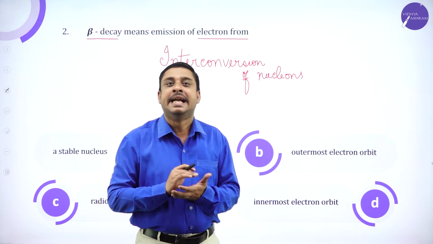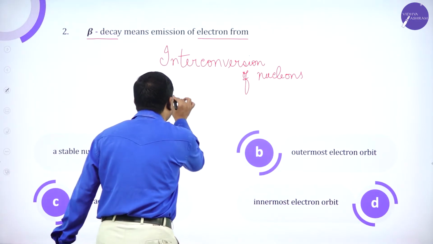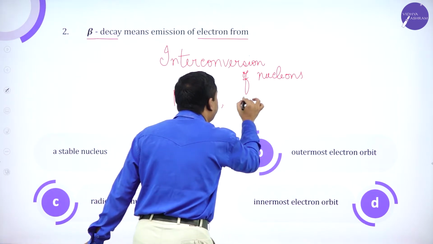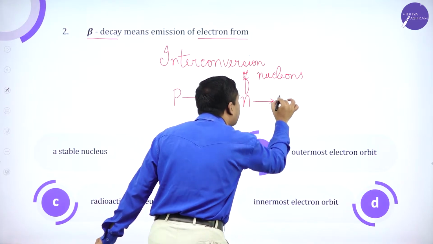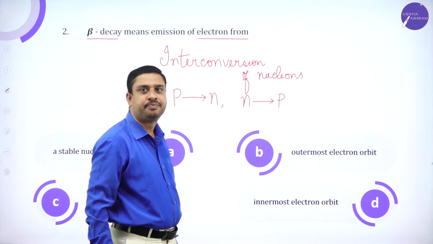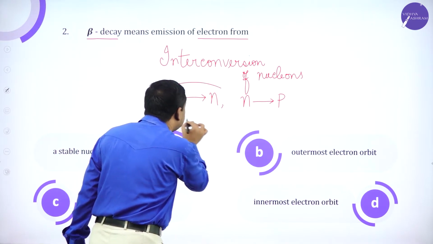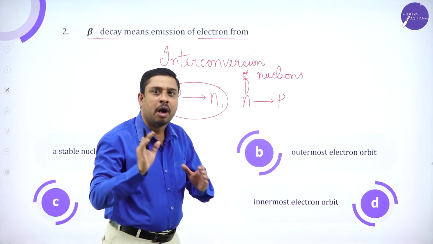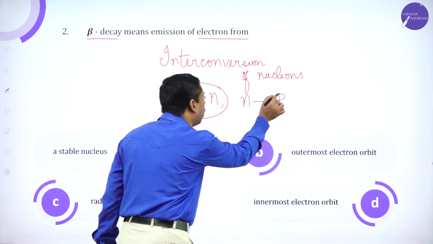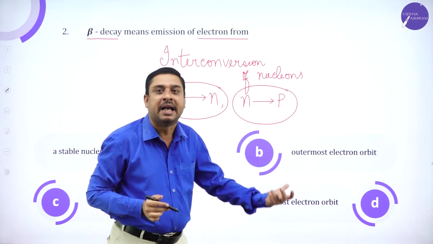There is interconversion of nucleons, which means a proton gets converted into a neutron, or a neutron gets converted into a proton. Inside the nucleus, for some reason, a proton can convert into a neutron, or a neutron can convert into a proton.